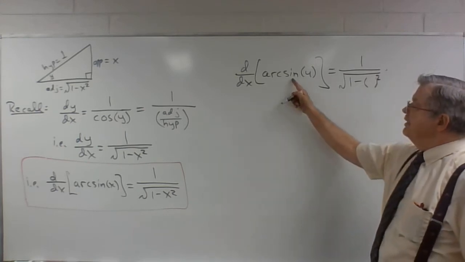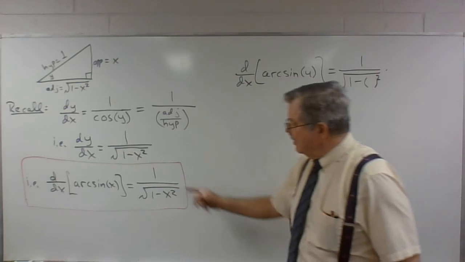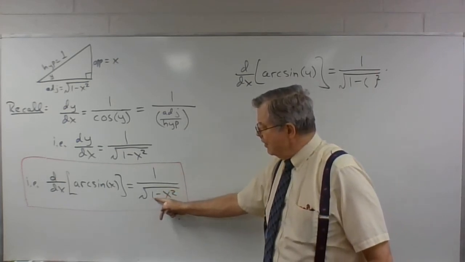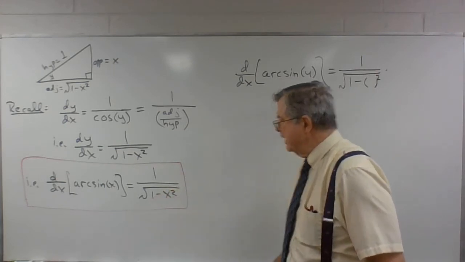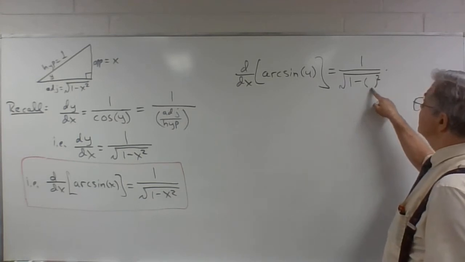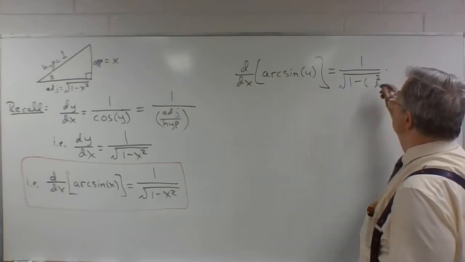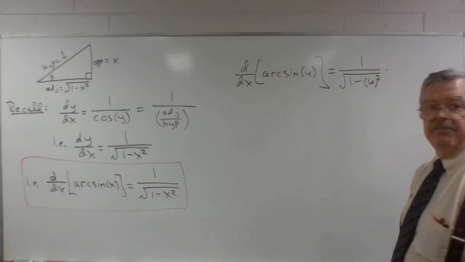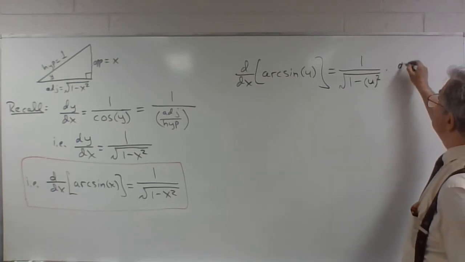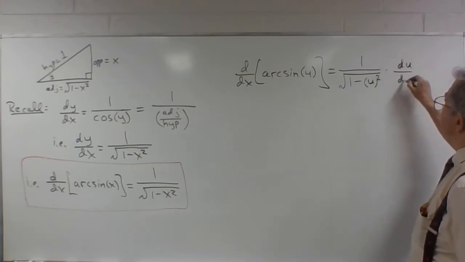We get the derivative of the outer, 1 over square root of 1 minus something squared. That's the derivative of the outer, evaluated at the inner, u, times the derivative of the inner.